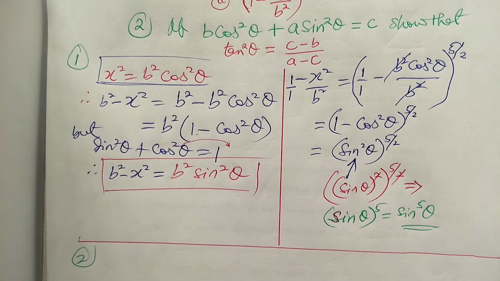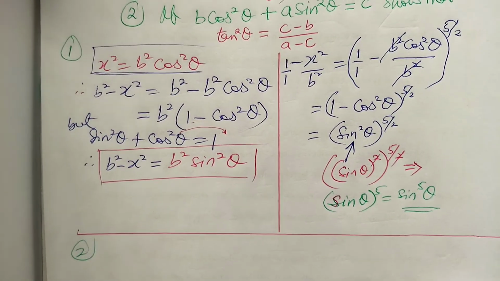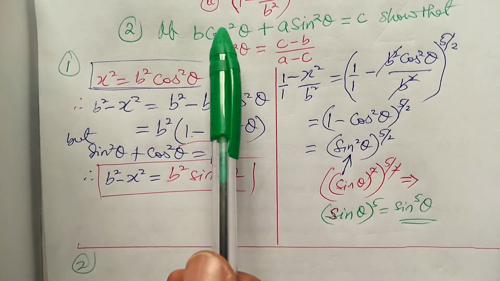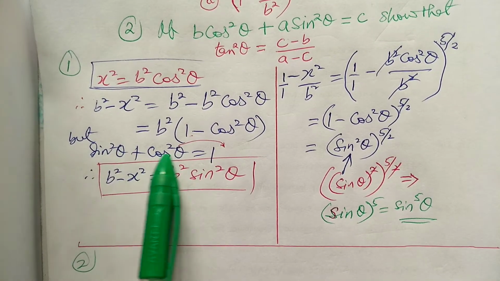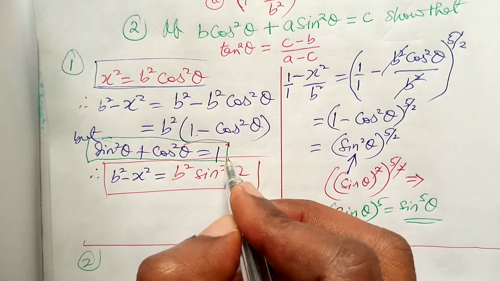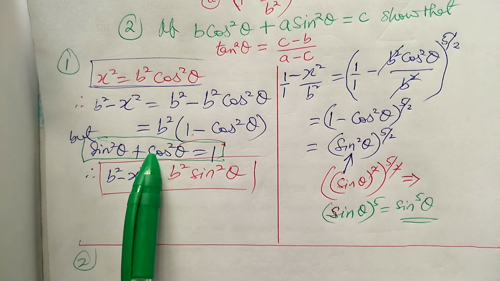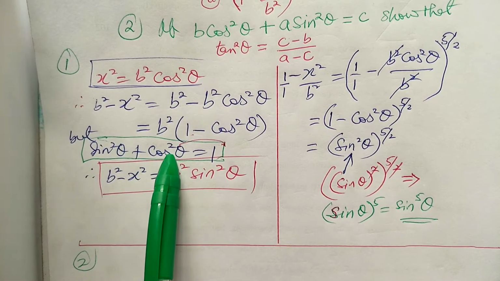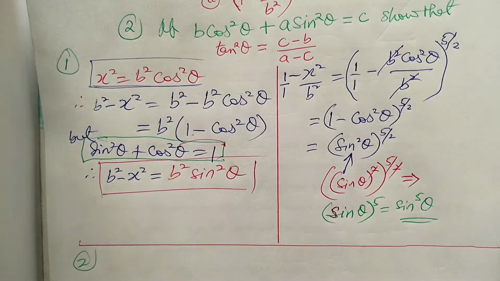To solve that, we are going to use the identity we have been writing to change cos squared theta to a function of sin squared theta. So cos squared theta is going to be 1 minus sin squared theta.